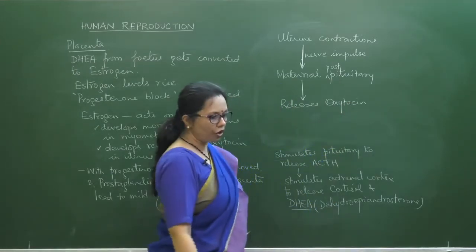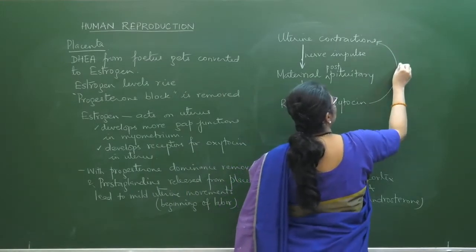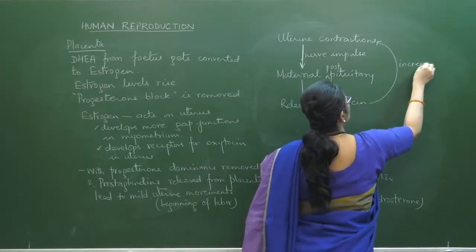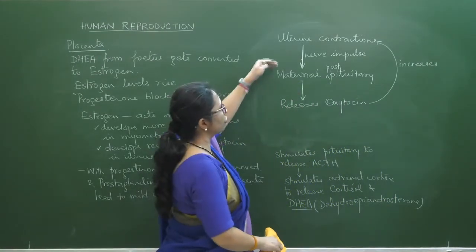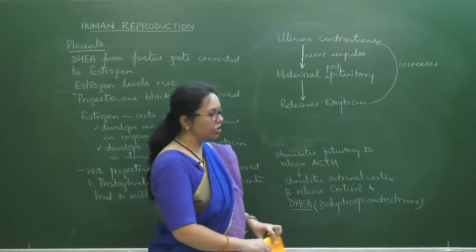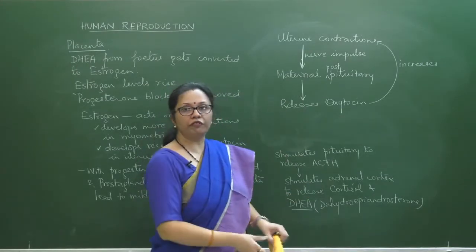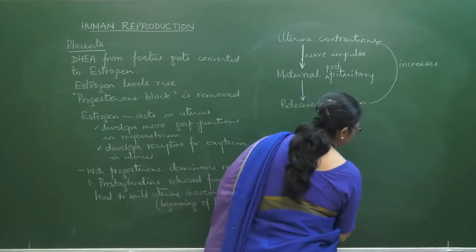Now this oxytocin increases uterine contraction, and when it increases, there is more nerve impulse going to the pituitary, more oxytocin release. So this becomes a positive feedback loop. Okay, so a positive feedback loop develops here.